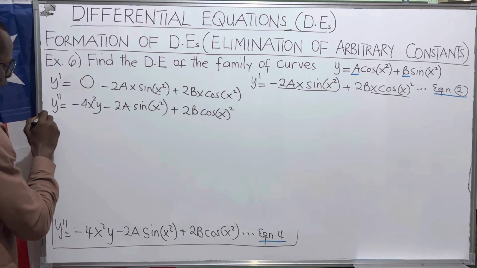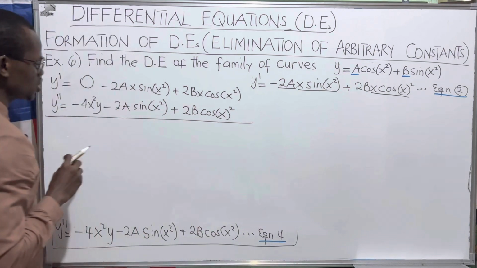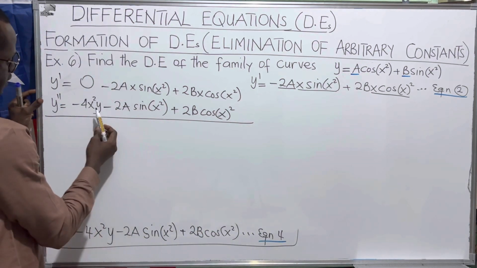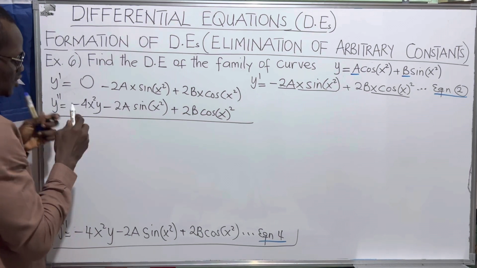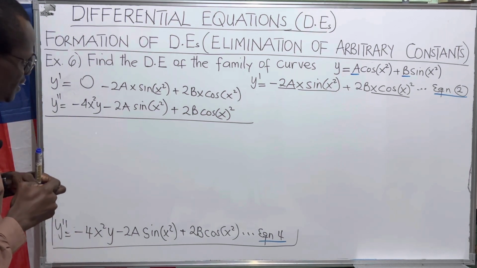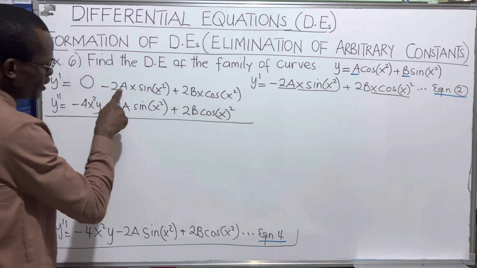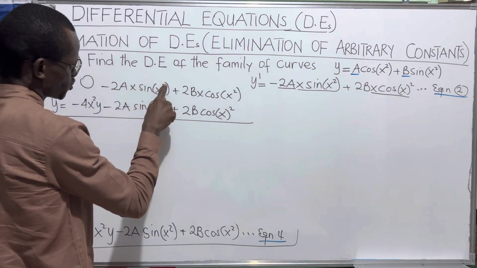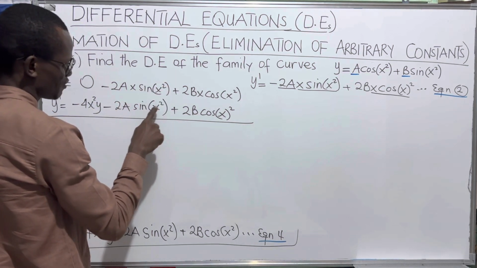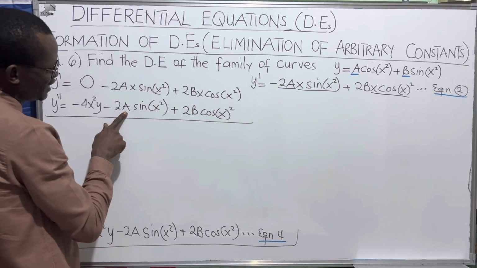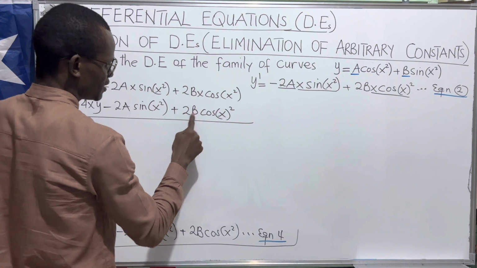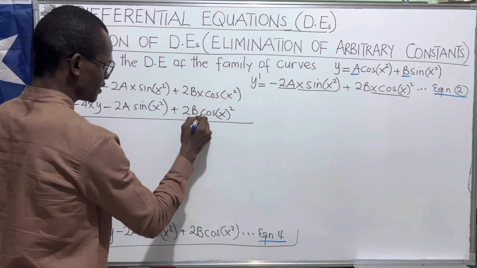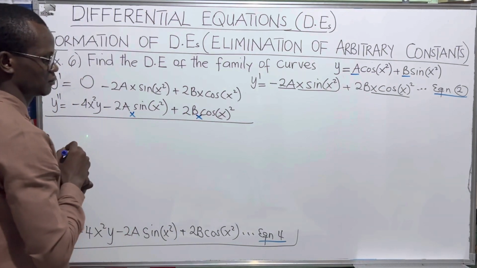Now we notice that equation 4 and equation 2 have some similarities: 2ax sine of x squared and 2a sine of x squared. The only thing missing here is some x. Likewise with this, some x is missing right here.